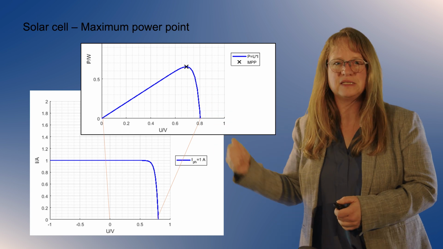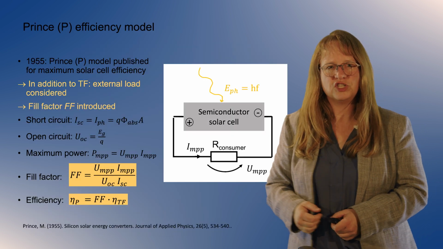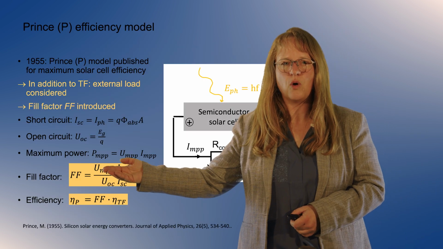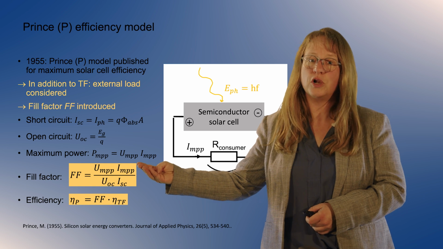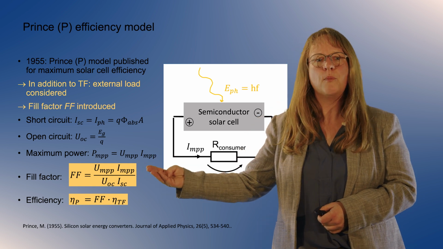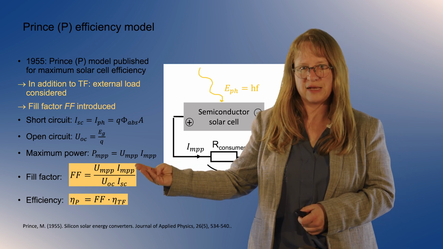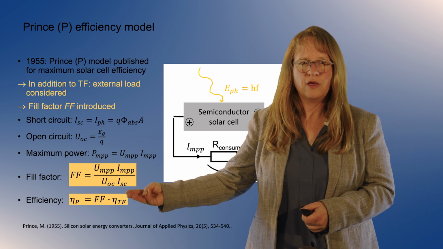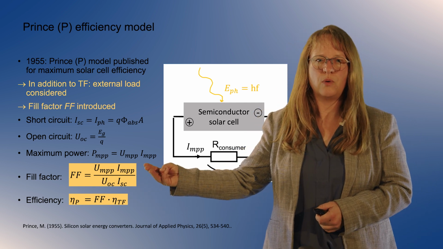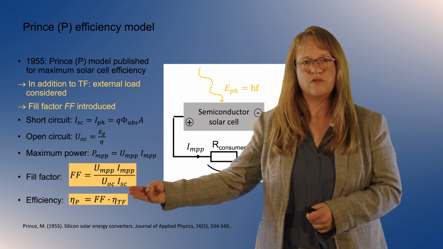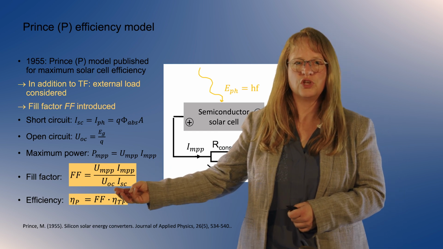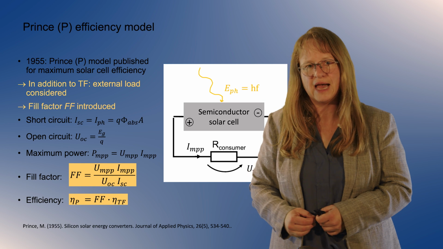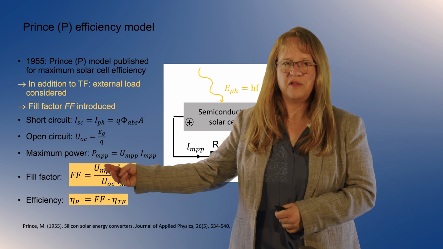And this maximum power point, Prince then said, okay, the maximum power we can extract is given by this voltage at the maximum power point multiplied by the current at the maximum power point. And then he defined this ratio of the maximum power that can be extracted and the Trivich and Flinn maximum power, which is U open circuit times I short circuit, and called this the fill factor.